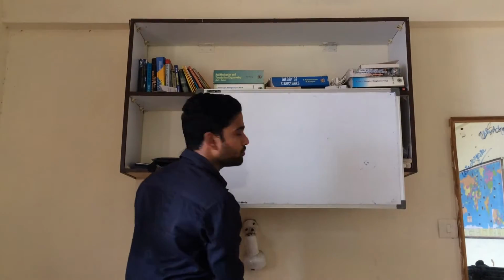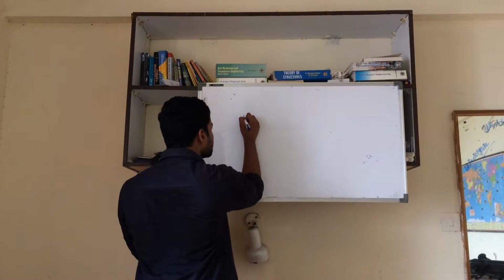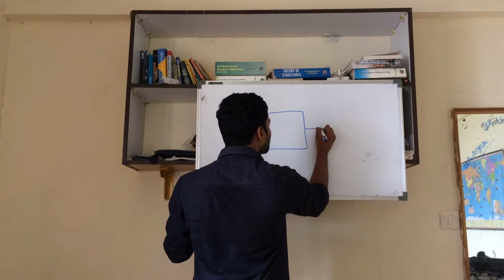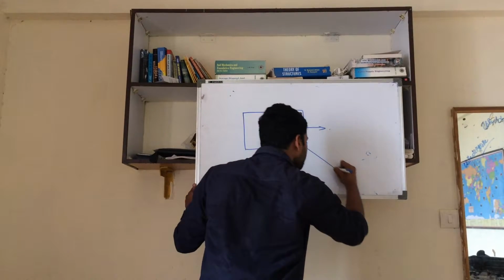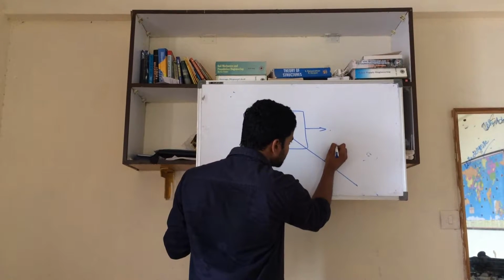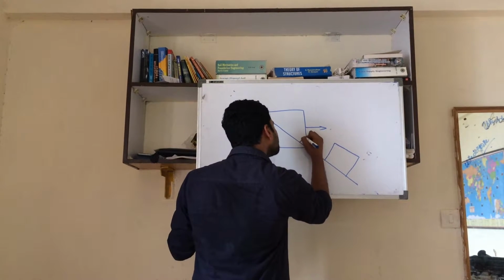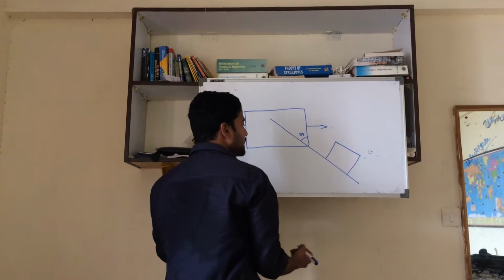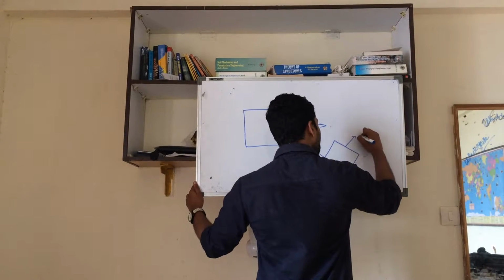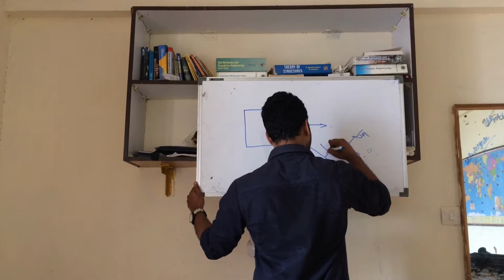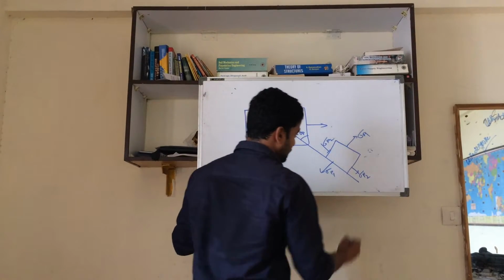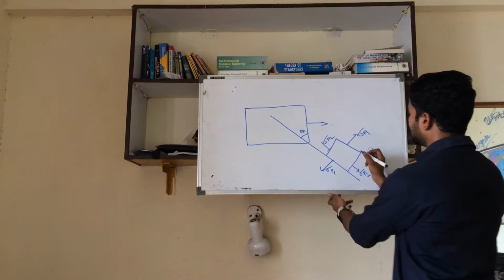The location diagram of maximum principal stress and maximum shear stress will be like this. Let us say this is the maximum principal stress plane. This is theta p, the maximum principal stress plane, that is sigma p1 and sigma p1, sigma p2 and sigma p2. And I have already shown you that the maximum shear plane bisects.